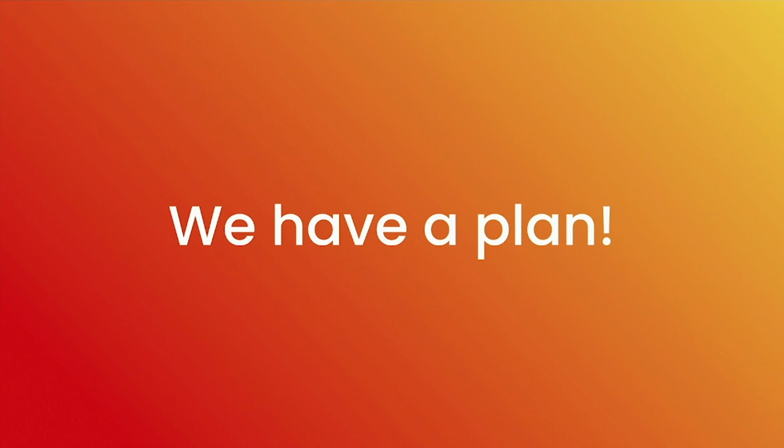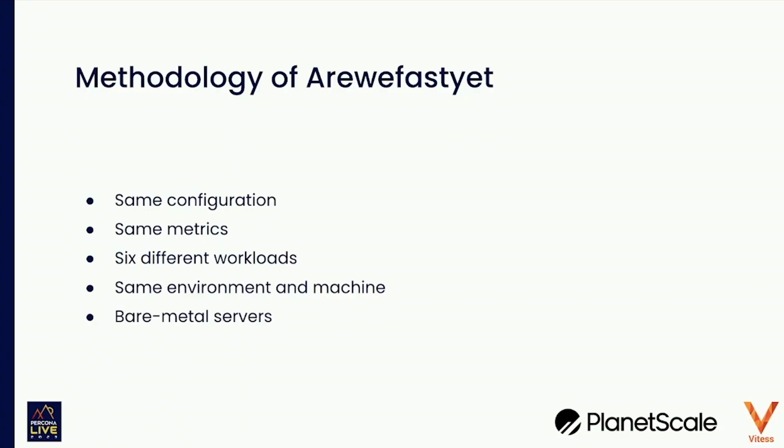So once we had all of those goals, we had a plan. But how do we actually make that plan work? Here's the methodology of Arewefastyet. For each benchmark, we use the exact same configuration, only the SHA, the commit, will change. We measure the exact same metrics at the same time, the same way. We have 6 different workloads, meaning that if you want to benchmark the main branch, we're going to execute 6 different individual workloads on that same commit SHA, and that will give you the full results of your benchmark.